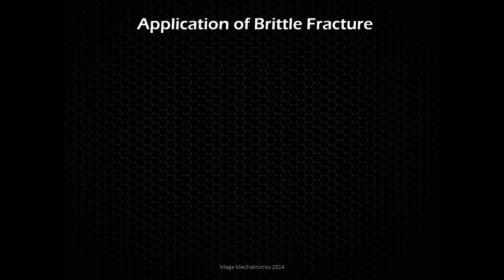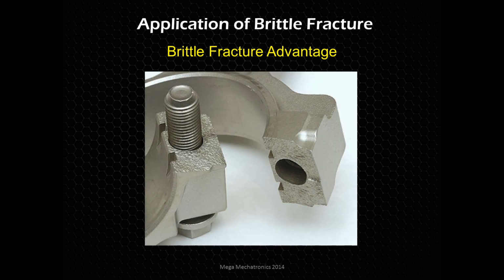So, to make that a little more clear, let's look at an application of a brittle fracture, and how we can use that brittle fracture to our advantage, with automotive rod end caps. These even come from the factory, high performance. These are cracked cap rods. They'll build this rod end, and they'll put it in a special fixture and just crack it off.